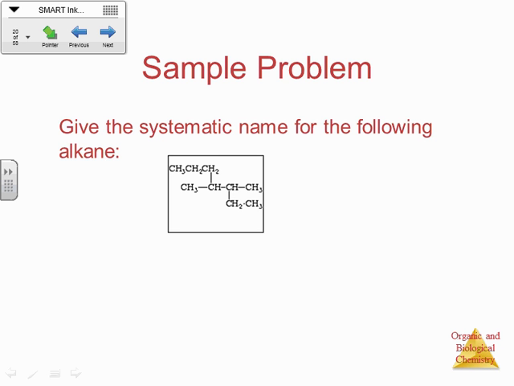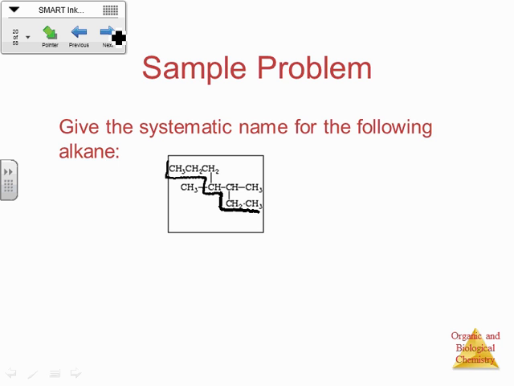Okay, so let's practice a little bit on naming these things, and this takes some practice. We've got this alkane right here. Obviously this is a branched alkane. It's got some groups coming off of it. The first thing we need to figure out is the longest chain of carbons. It looks to me like if we start up here and work our way down, this could go one of two ways.